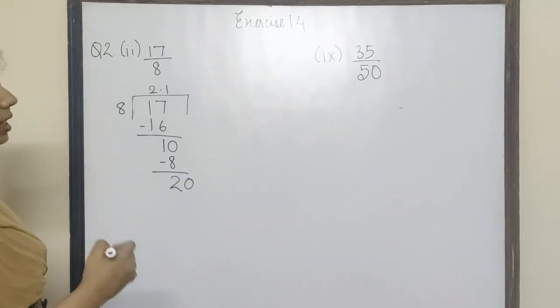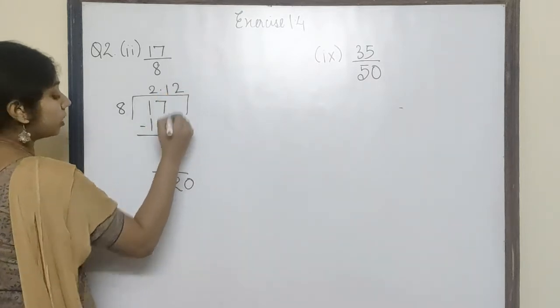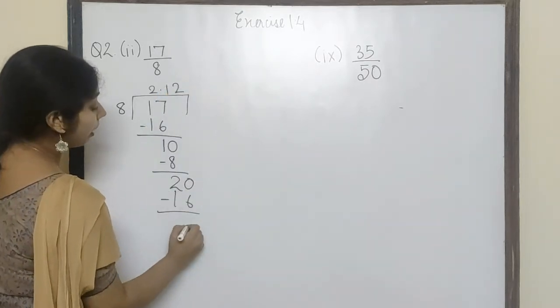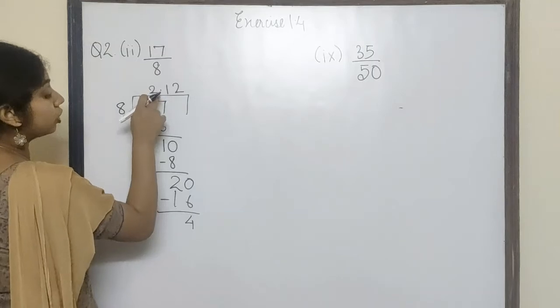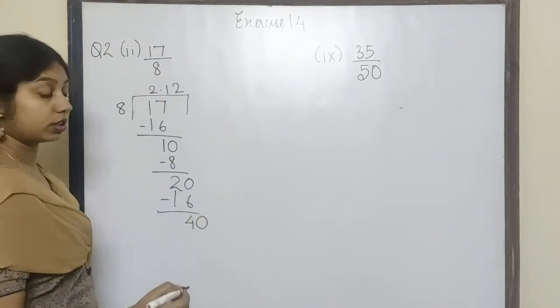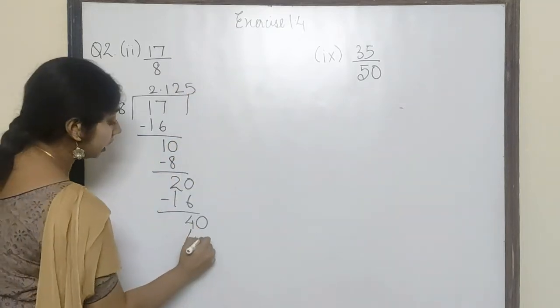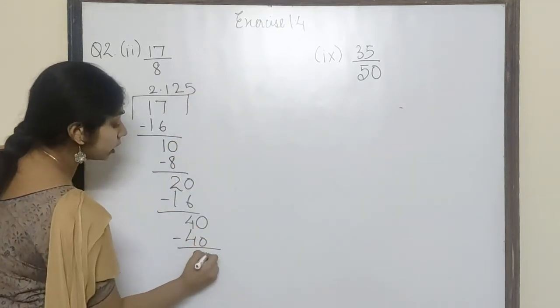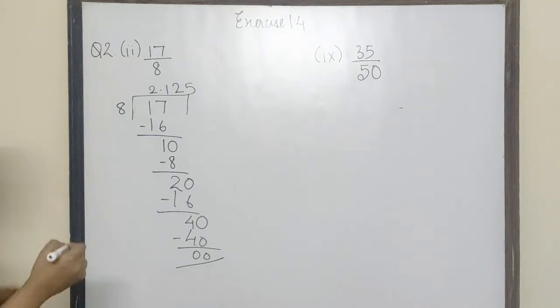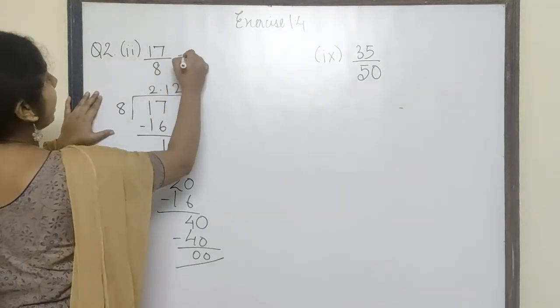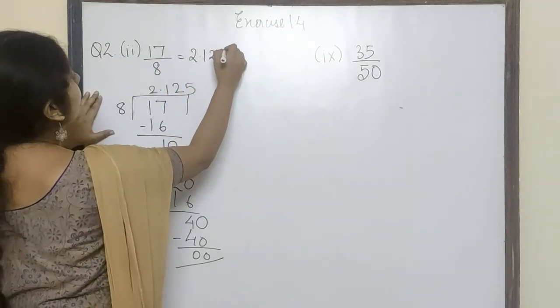Then we have 8 2s are 16, 20 minus 16, you have 4. Decimal is already present. Bring down 0. Over here write down 0. 8 5s are 40. And here your decimal expansion terminates. So over here 17 upon 8 can be written as 2.125.